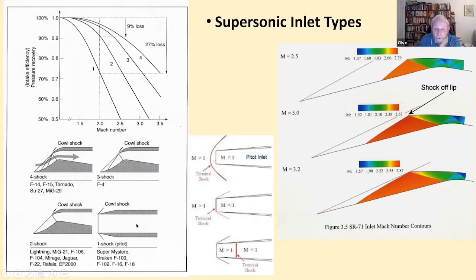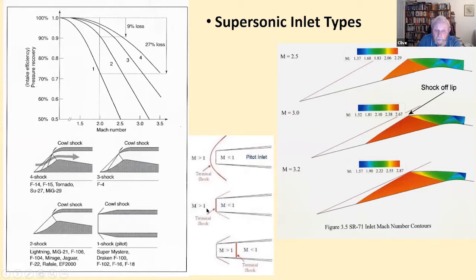The worst one is a simple pitot shock, in which the flow is like this. If the flow is slightly less than you can theoretically get, the shock wave will stand off as a bow wave shock, and the flow even here will be less than 1, and then you get some subsonic spillage around the intake.